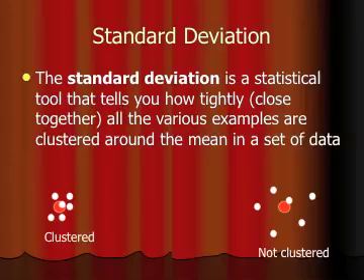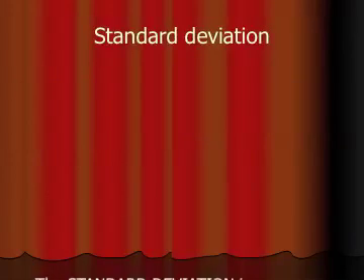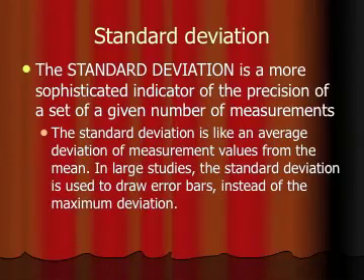And if they are not clustered, they are less precise. Now, standard deviation is a more sophisticated indicator than just the average. We can take the average, but the standard deviation is a more sophisticated indicator of the precision of a given set of measurements.